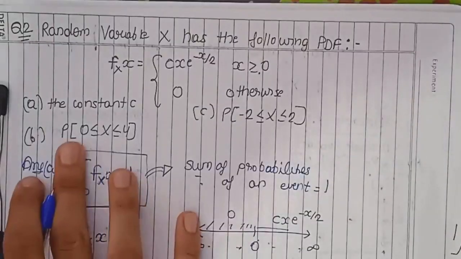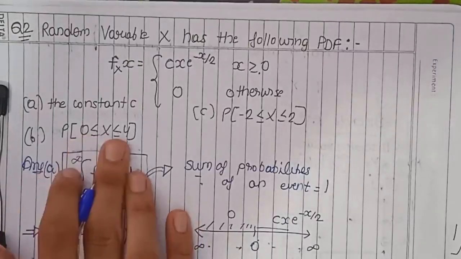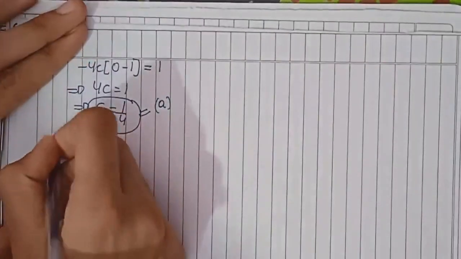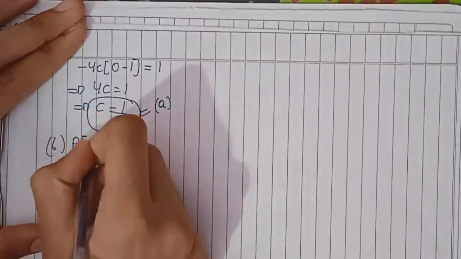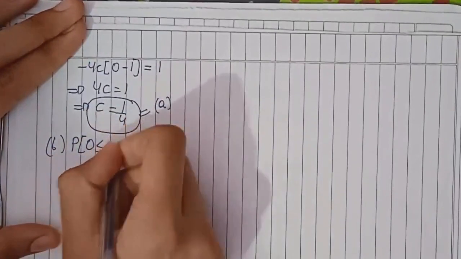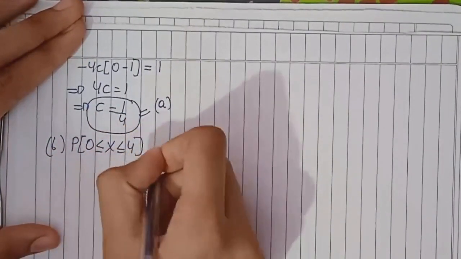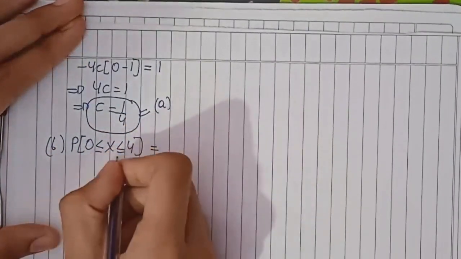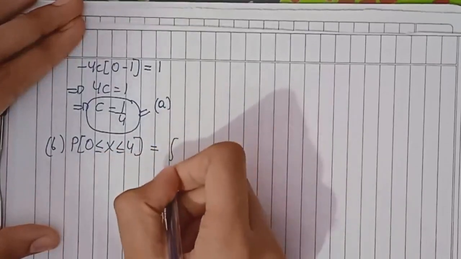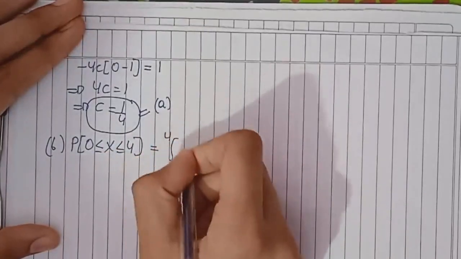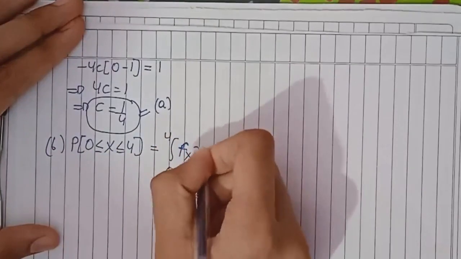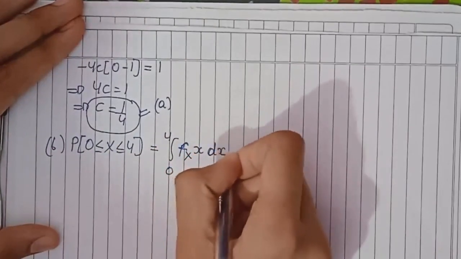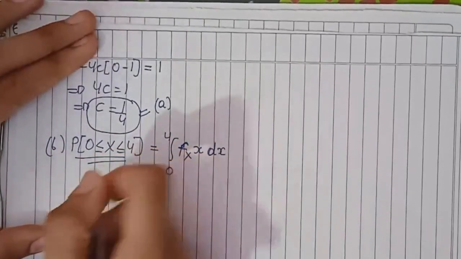In the B part, we need to calculate the probability when x lies in the range 0 to 4. Now to solve this, I can use the property of PDF, which is integration of 0 to 4 of the PDF, which gives me this probability.